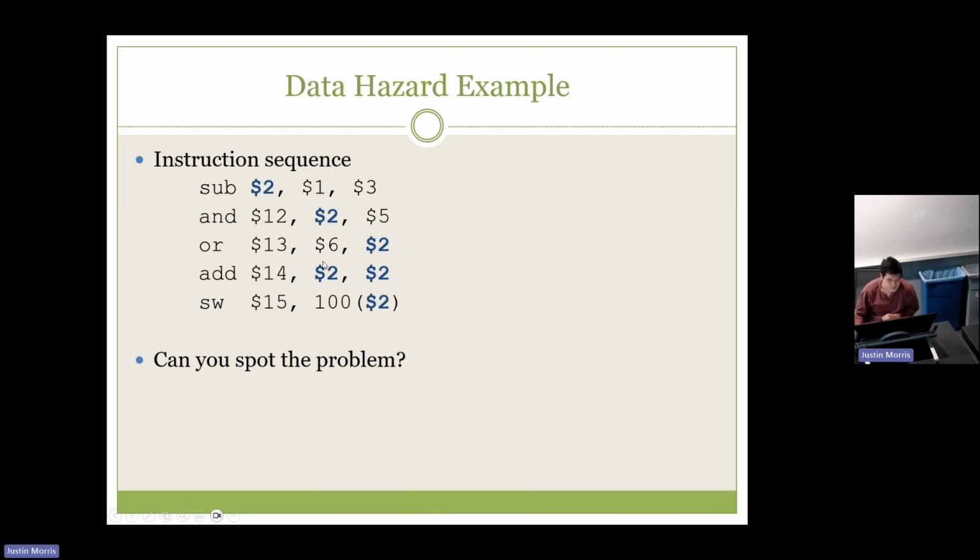And then the other thing that can happen is if we fix this problem between the sub and the and, then all of the subsequent instructions afterwards, considering that we are doing in order execution, would also have that problem fixed too. Right? So if we ignore it, a couple of these instructions will have problems, but later on it would be resolved. But if we fix it right away, then all of these following instructions will have it resolved as well.